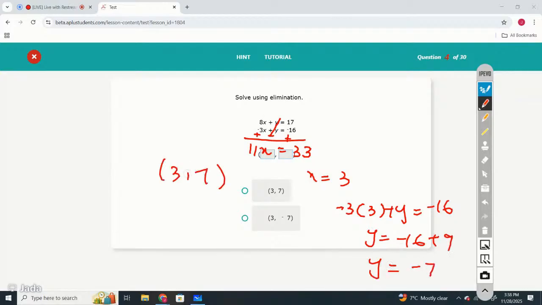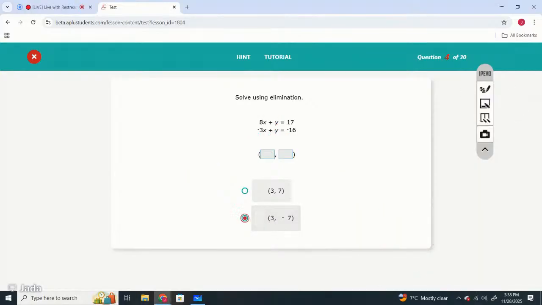So option number 2 is the correct option, that is 3 and negative 7.